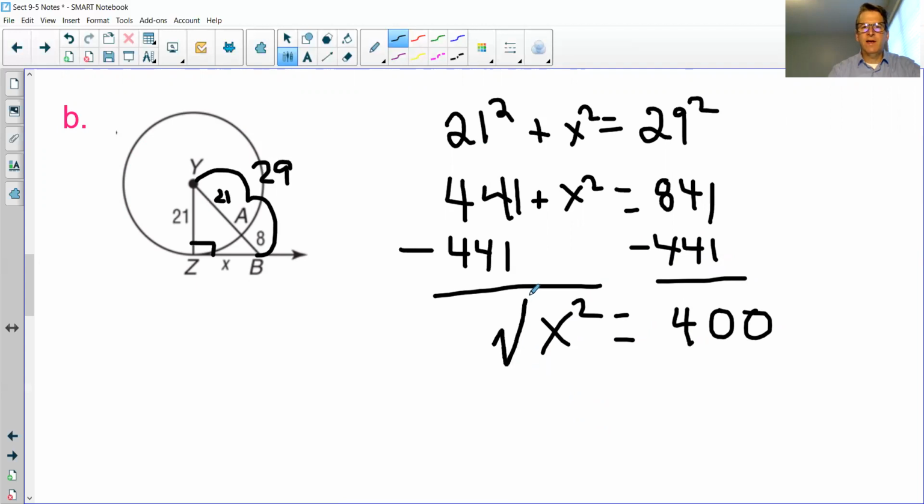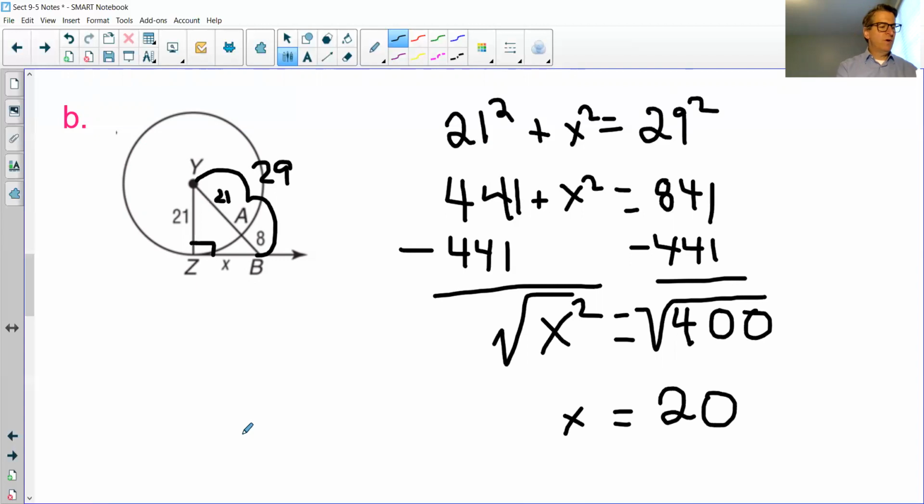Square root of both sides, and x is 20. So be on the lookout for those types of questions coming up. We've got one more, and then we've got one more page. Couple left.